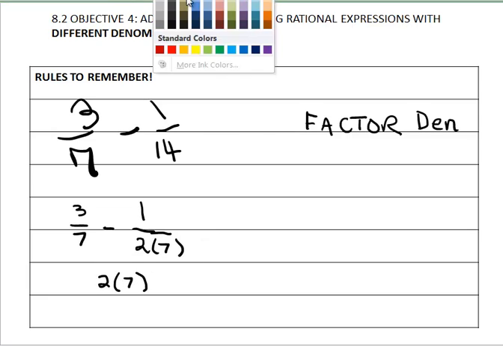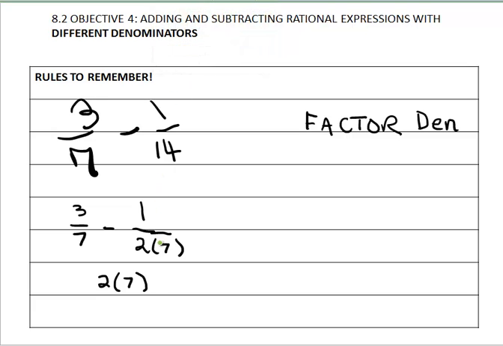And what I want you to think about right now is the fact that we're going to find what's missing. So in this case, we have a 7 there.